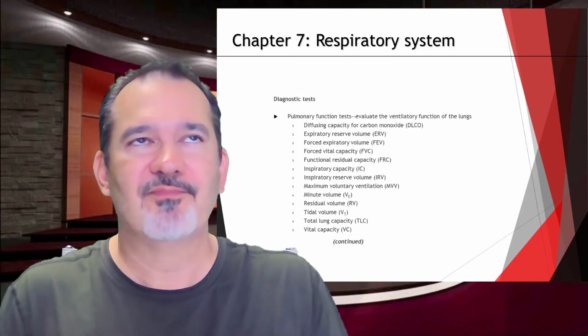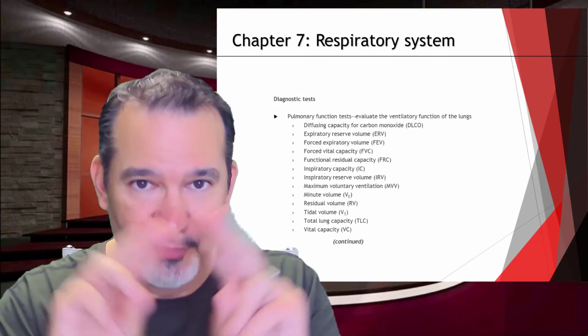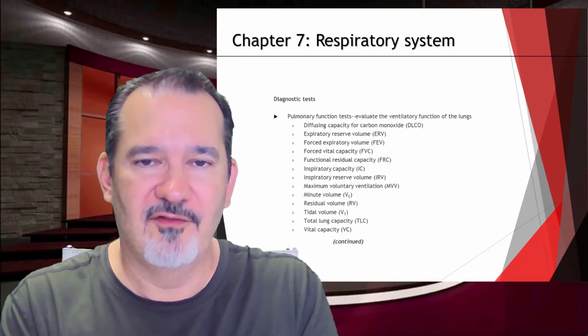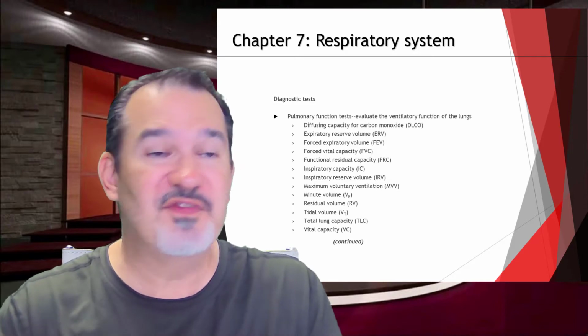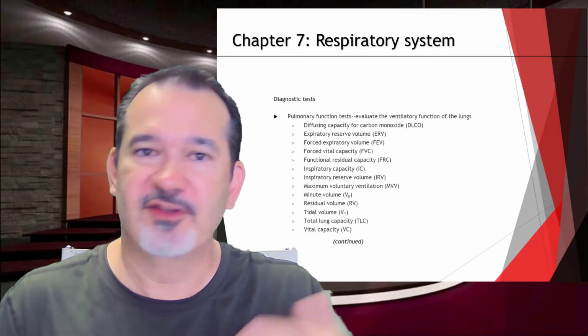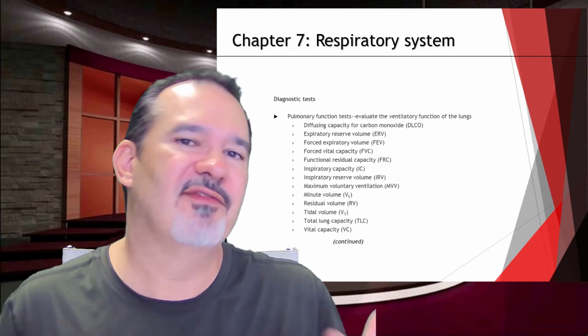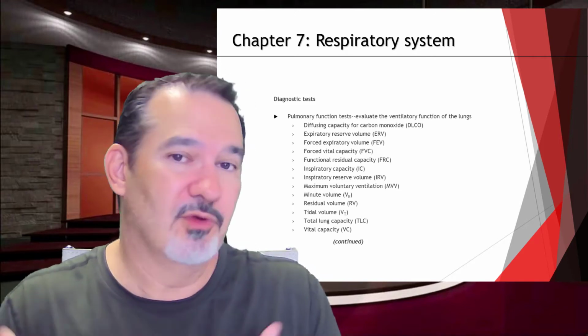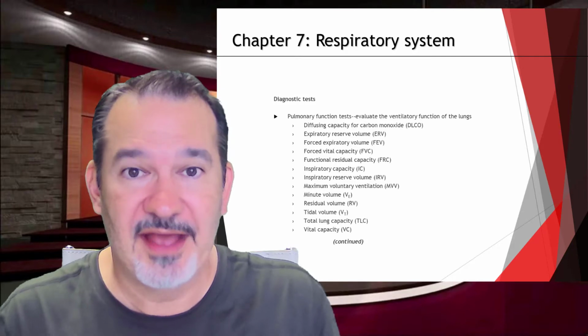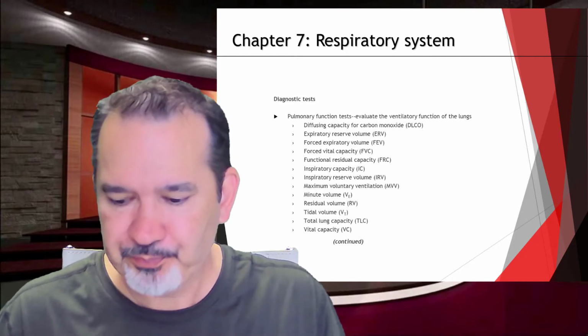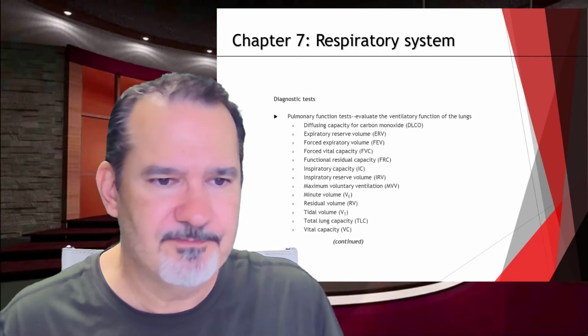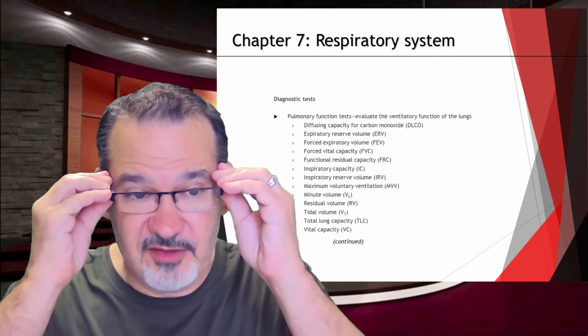So you need to be very aware of your surroundings, very aware of how the patient is feeling when they're doing this. Oftentimes I'll have them stand, do one, and then sit for a minute, and then have them get back up again, because if they get really lightheaded, I don't want them to pass out on me when we're doing this. So that's a PFT, okay, or a pulmonary function test.